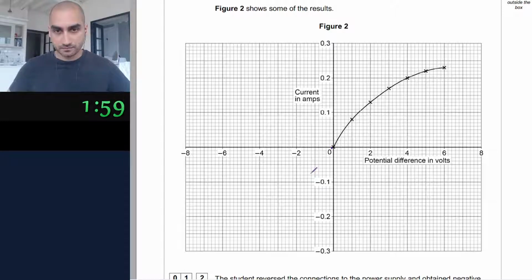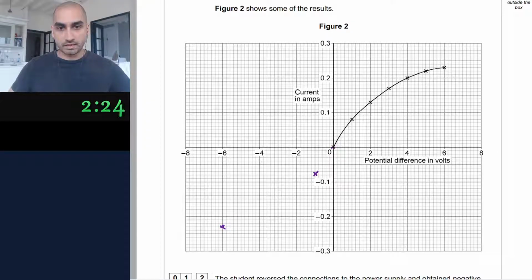So I probably have to put the crosses like roughly there. 6 volts, we get about there.